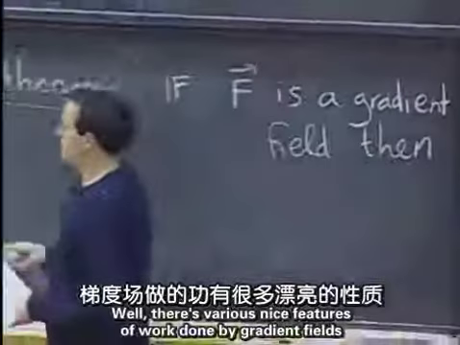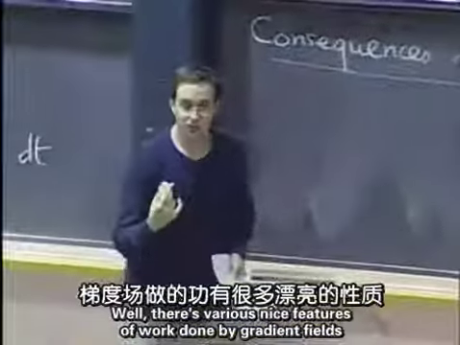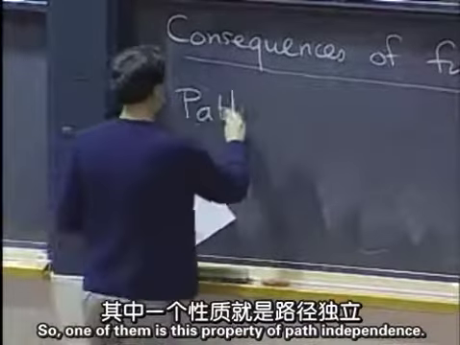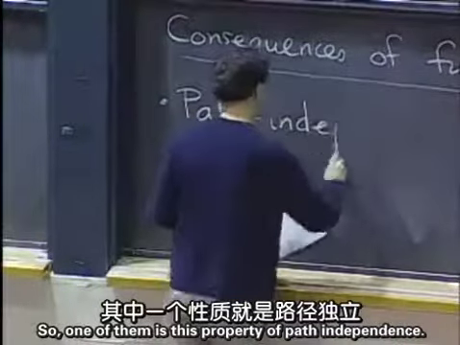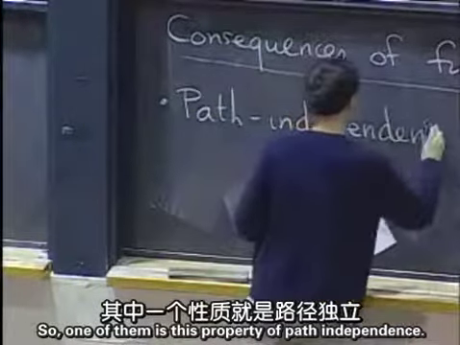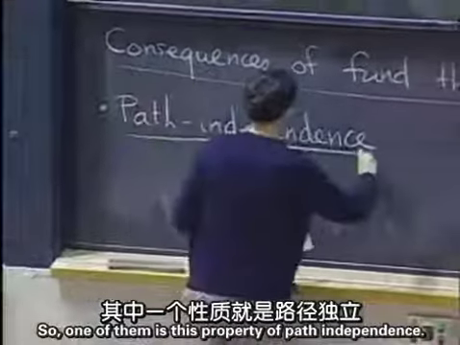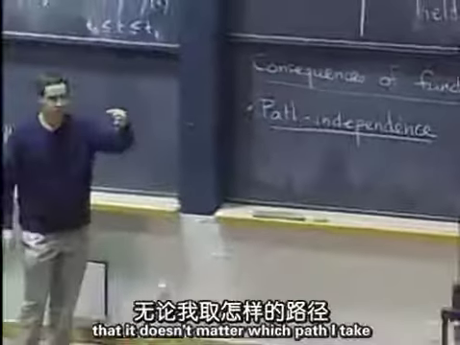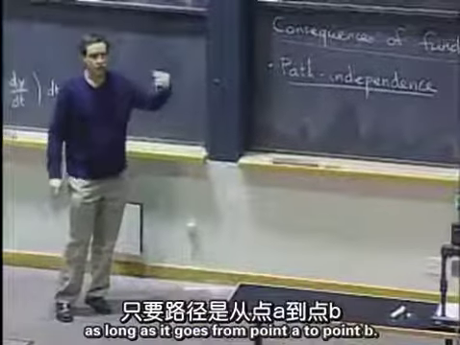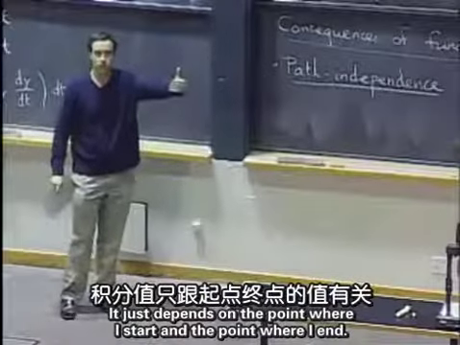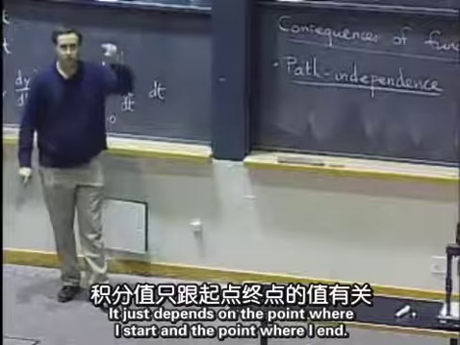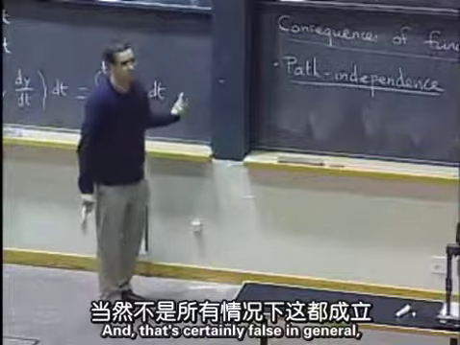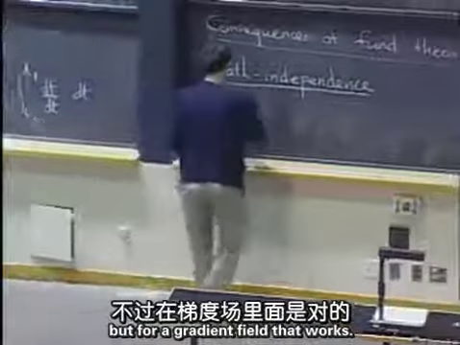Well, there's various nice features of work done by gradient fields that are not true for other vector fields. So one of them is this property of path independence. Okay, so the claim is if I have a line integral to compute, then it doesn't matter which path I take as long as it goes from point A to point B. It just depends on the point where I start, the point where I end. And that's certainly false in general, but for a gradient field, it works.